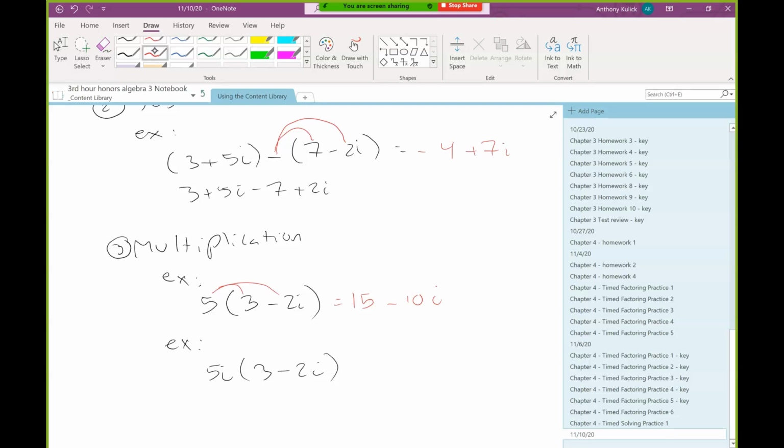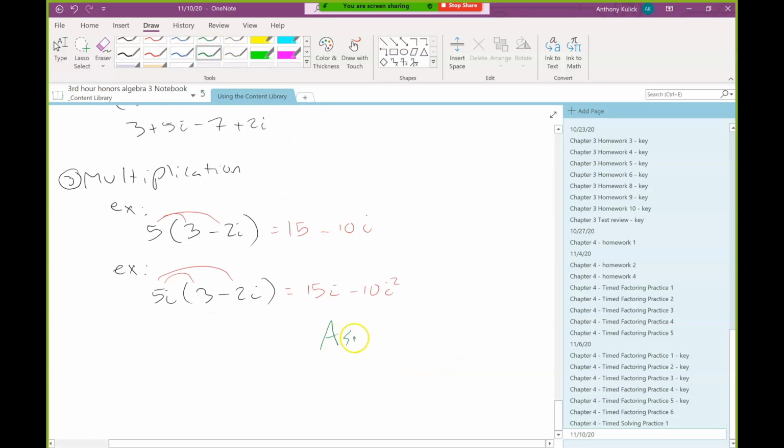But that's not in the form of a complex number, right? What's wrong with it? We have these i squared in there, right? So if i is equal to the square root of -1, what's i squared going to give us? -1, right?